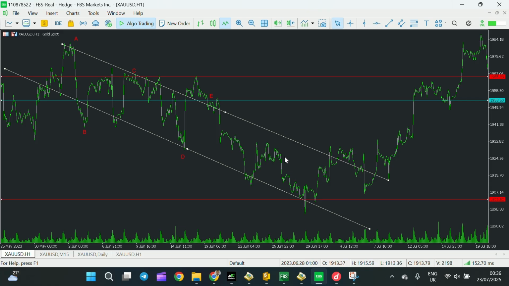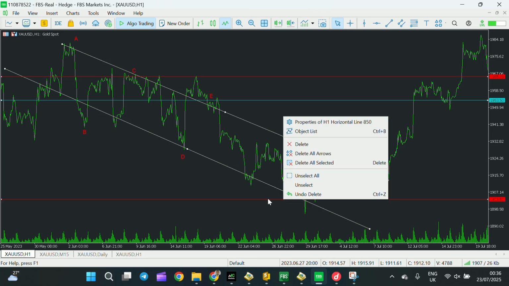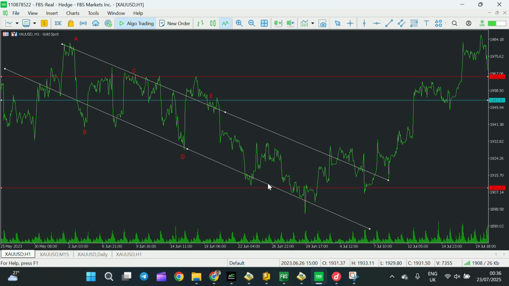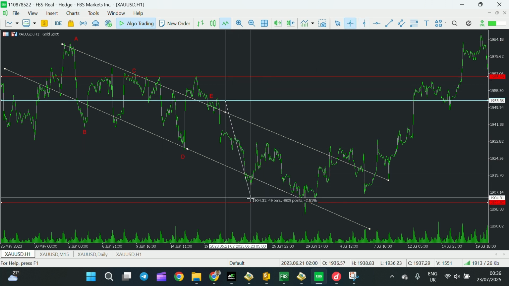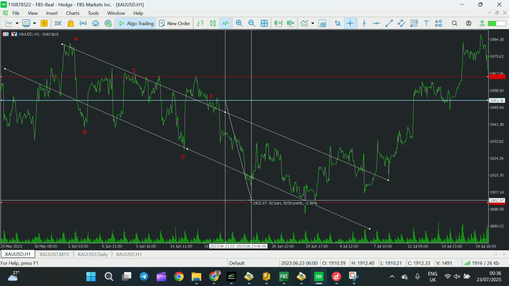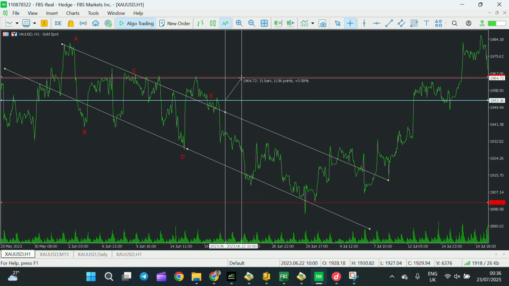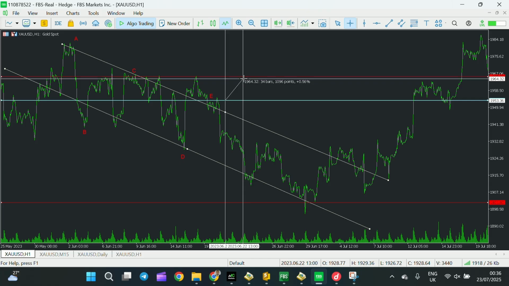So looking at this, this will be our take profit. If you make your stop loss here, because now you're using a trailing stop, you need to make sure that you have a very extensive take profit. Looking at this, our take profit is more than 500 pips, and the stop loss is about 100 pips, so it's 5:1.